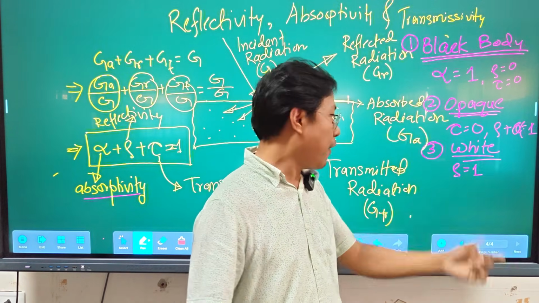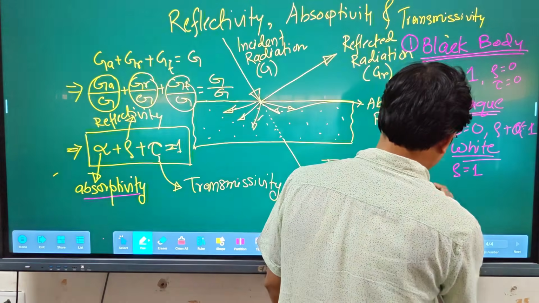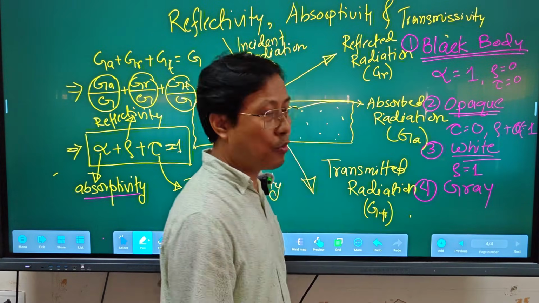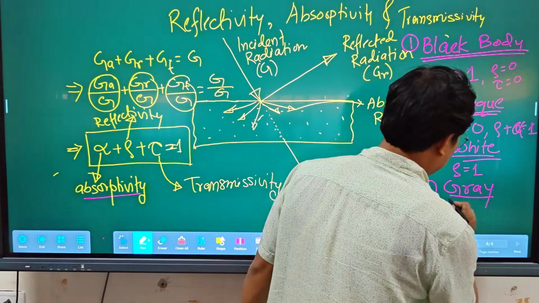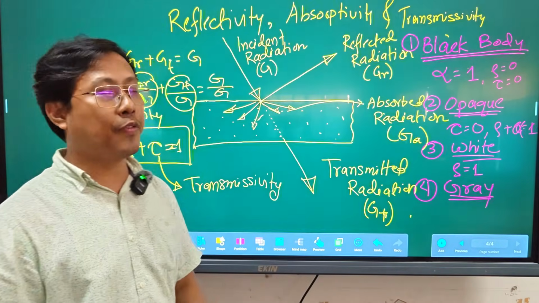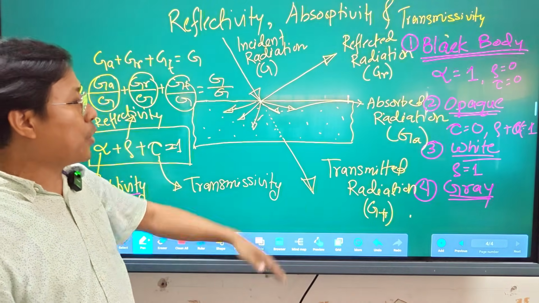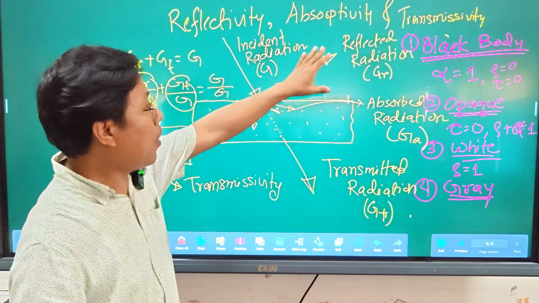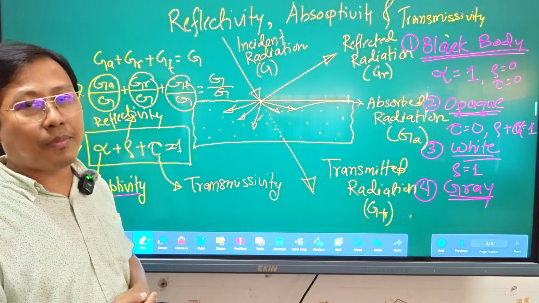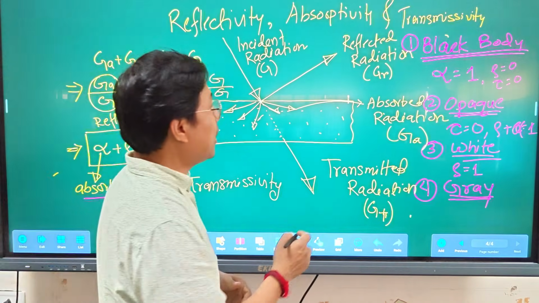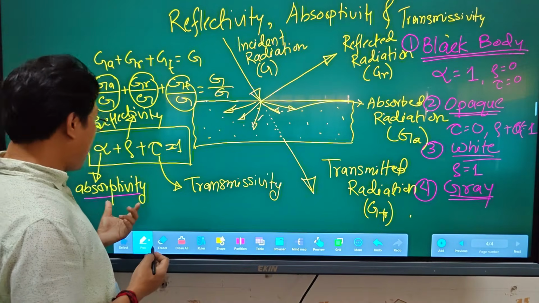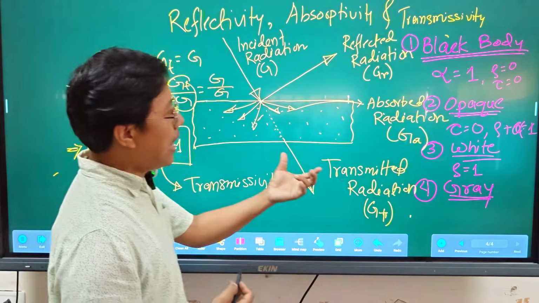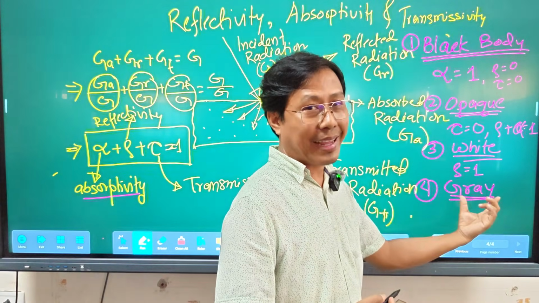The final body we have is the gray body. A gray body is different from all these bodies because it provides all these properties in uniform value. When absorptivity, transmissivity and reflectivity are uniform, then the body is called gray.